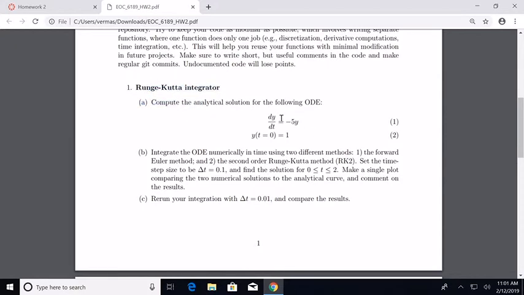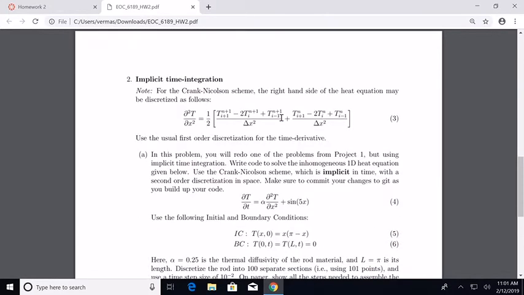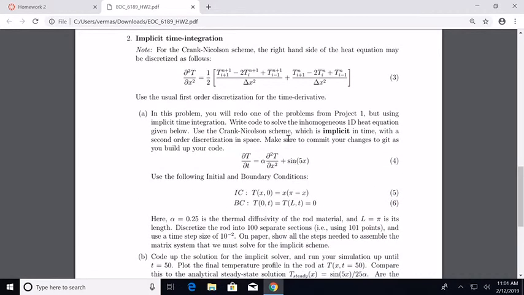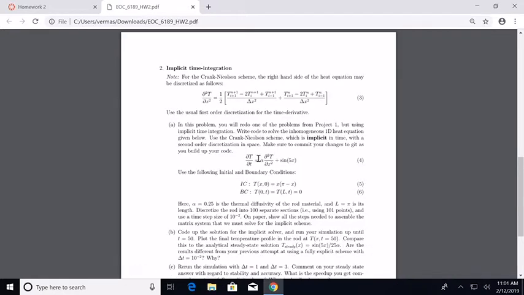You have to integrate this very simple ODE with forward Euler and with the Runge-Kutta second order, and compare the answers. But the second problem is repeated from one of your project problems. I think this is the first problem in project 1.